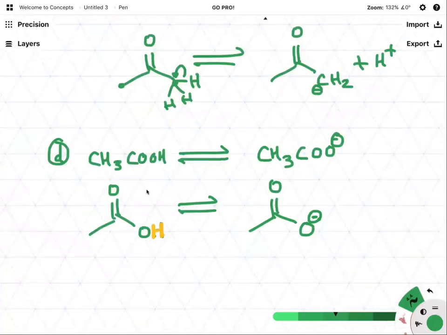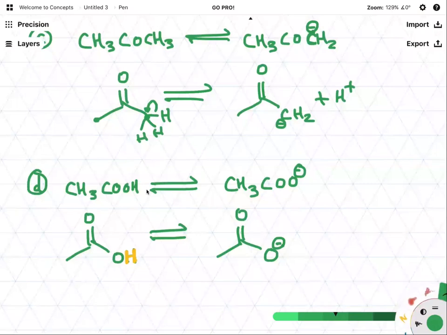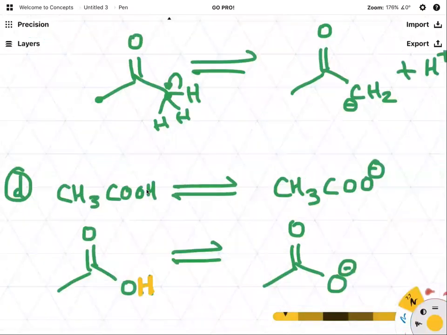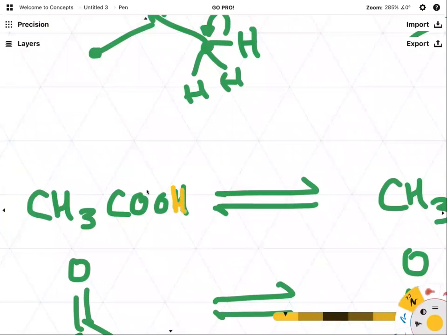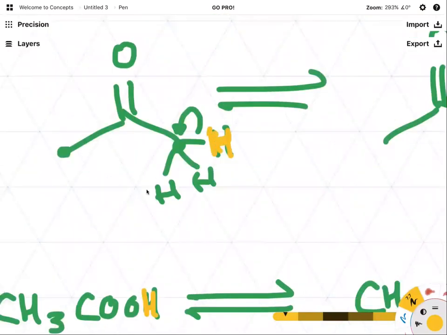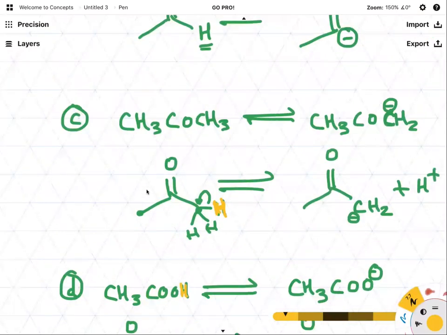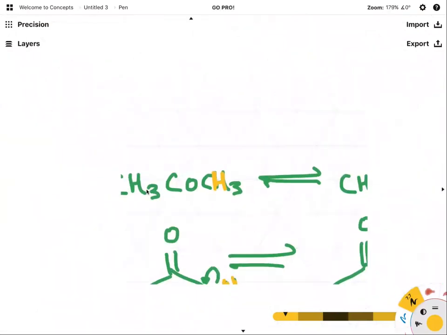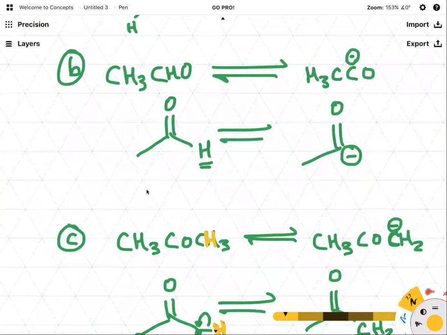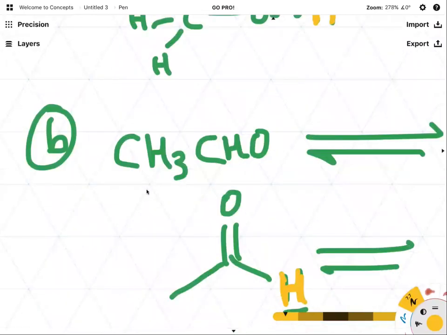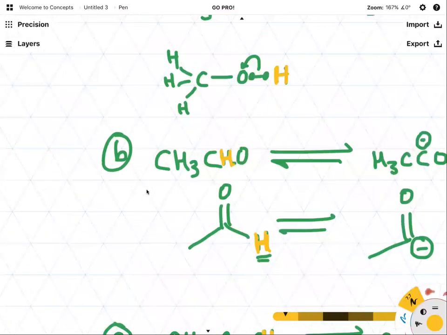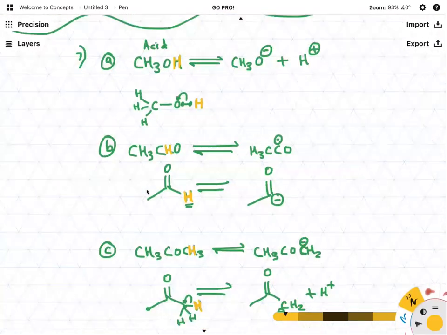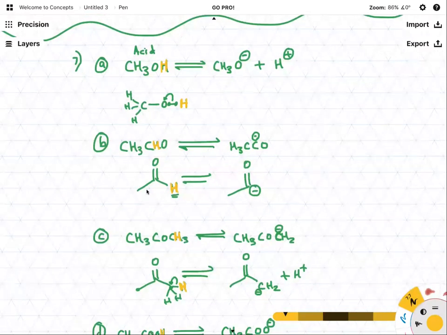So here's the important part. Now that we've figured out which hydrogens are leaving and where the negative charge is being left behind on which atom, the atom that has that negative charge left on it, that's the atom that you compare to figure out what's most acidic, what's least acidic. So what are we comparing?